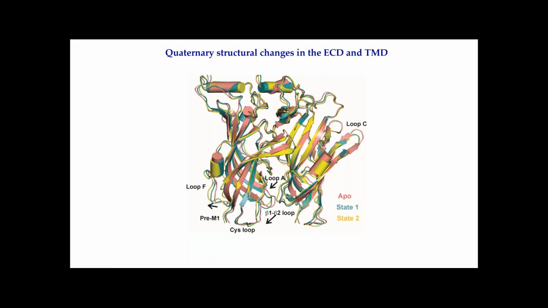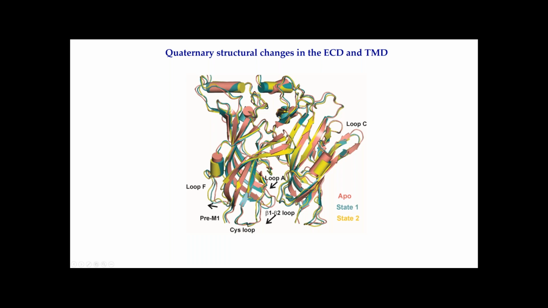And we then wanted to understand what's happening within the protein in response to binding serotonin. So here is an overlay, and just shown are two adjacent subunits from the extracellular domains. APO is shown in red and state 1 and 2 in teal and gold respectively. And so right here is the binding pocket for serotonin.